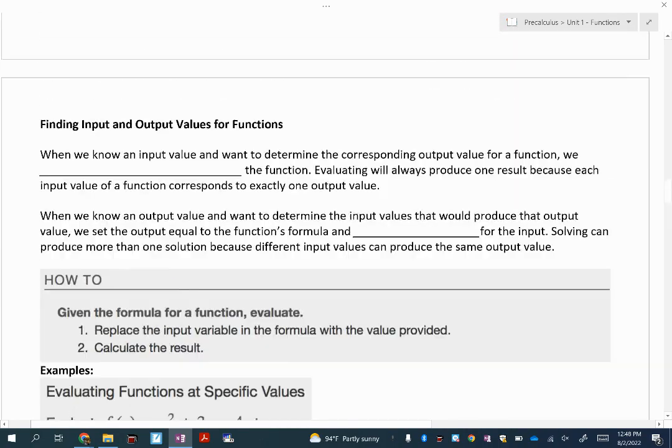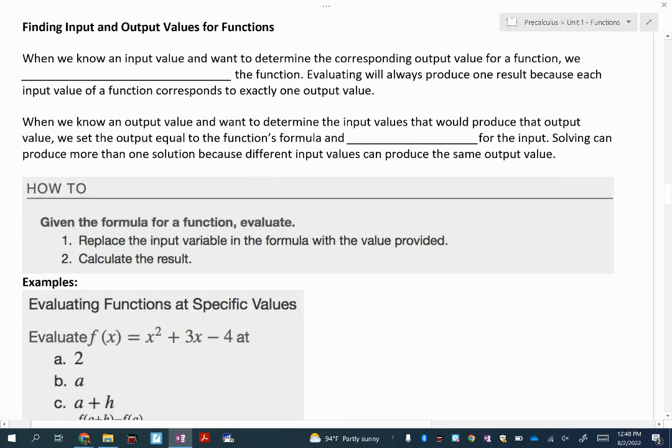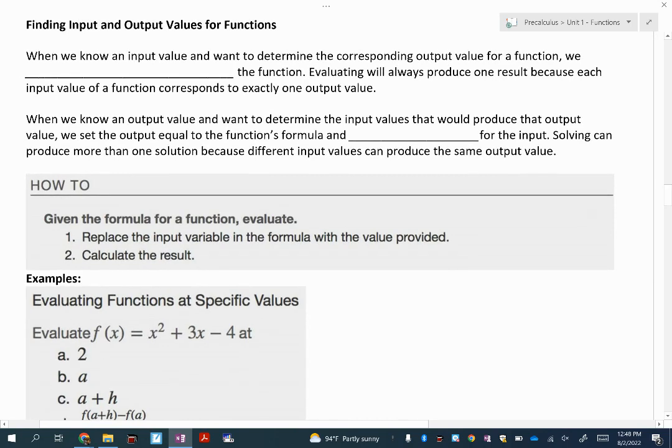Okay, now on the next page, when we know an input value and want to determine the corresponding output value for a function, we evaluate the function. And I try my best, especially when I used to teach Algebra 2, but I really want your brain, especially when you leave this school, to understand the difference between the words like solve, evaluate, simplify.